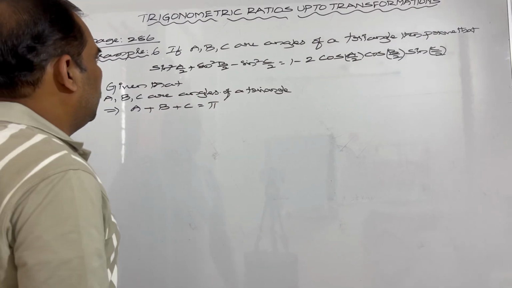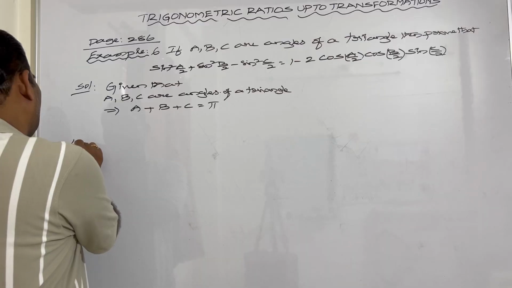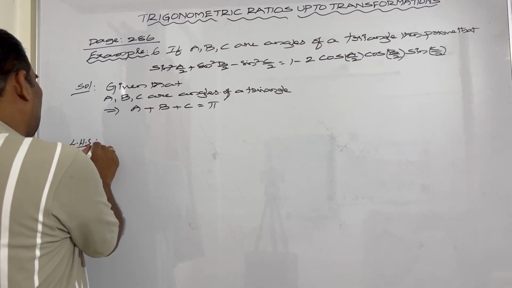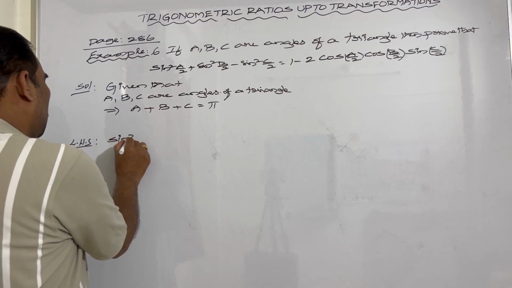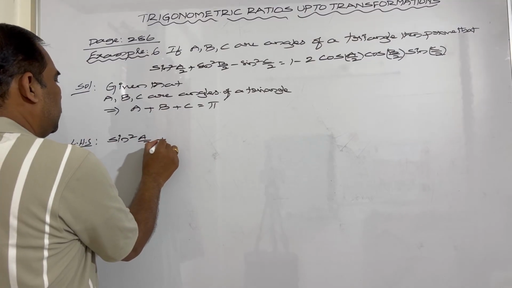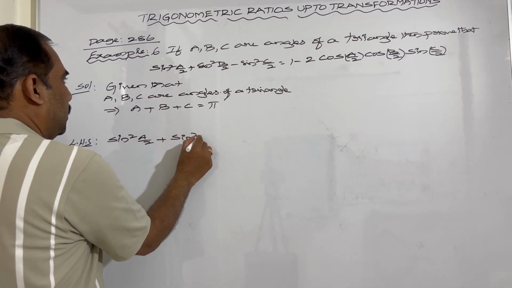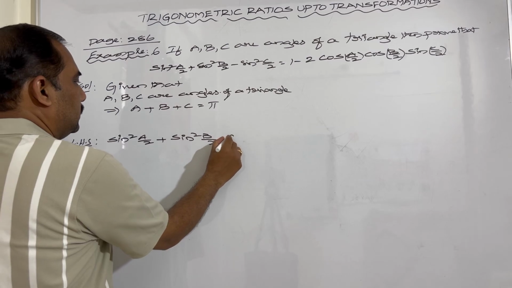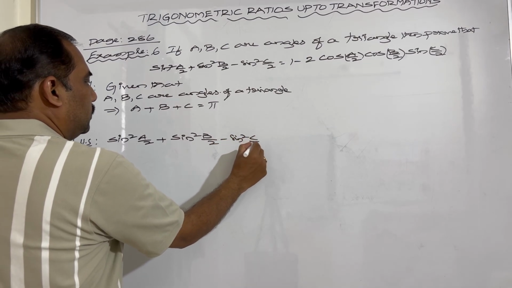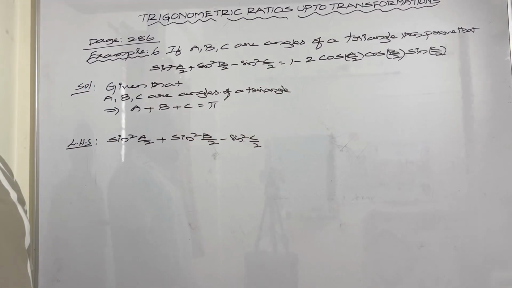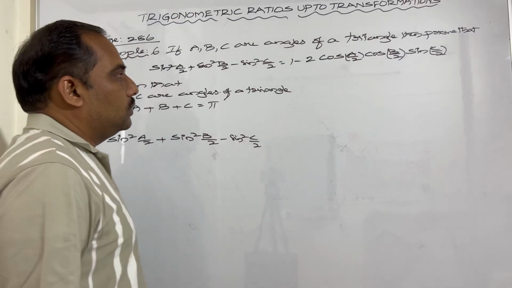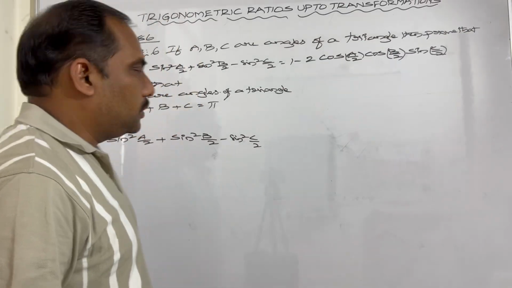And the LHS given is sin square A by 2 plus sin square B by 2 minus sin square C by 2, and we have to prove that it equals 1 minus 2 cos A by 2 into cos B by 2 into sin C by 2.